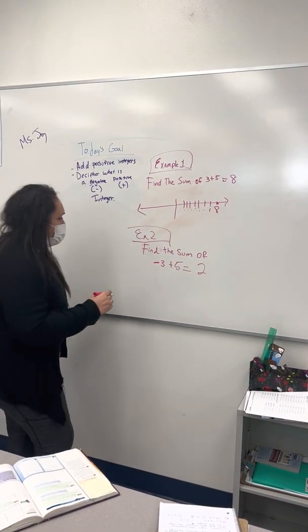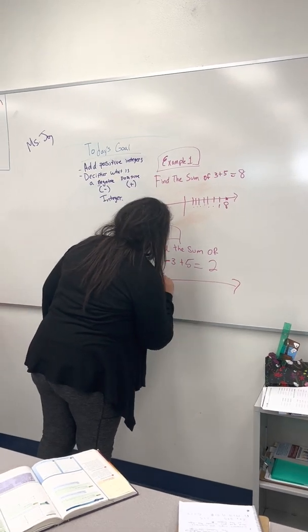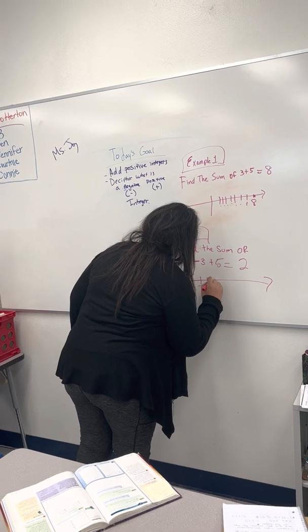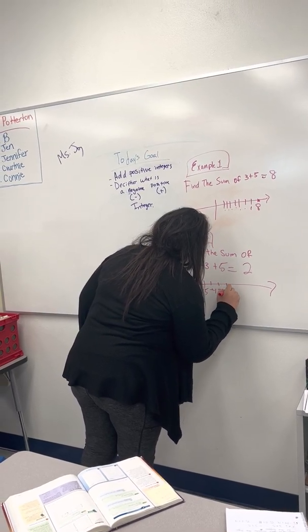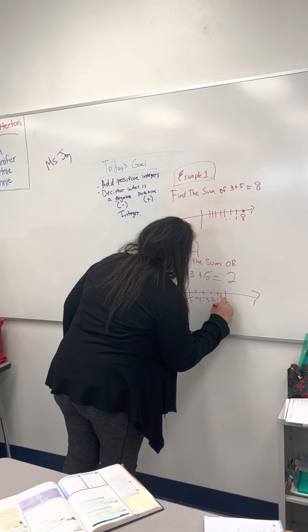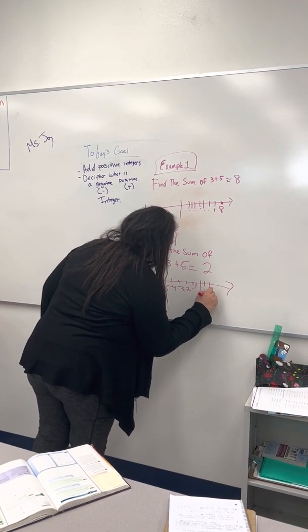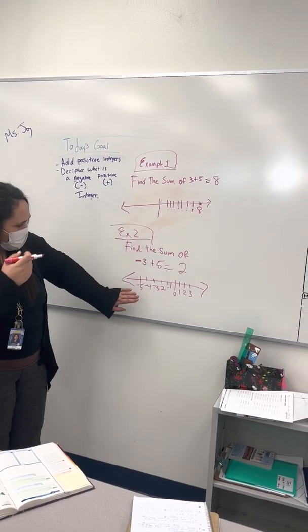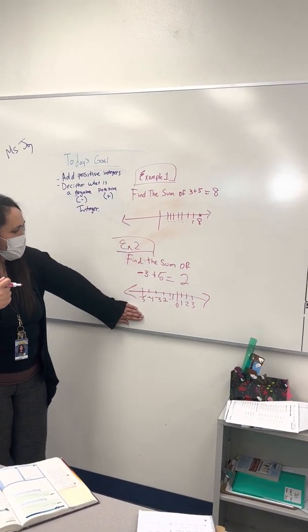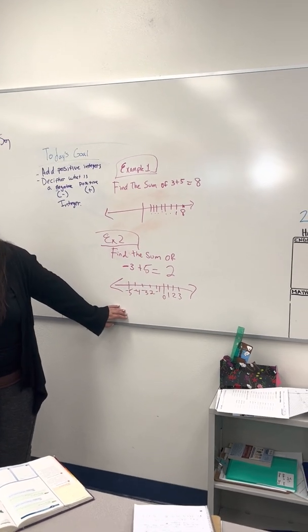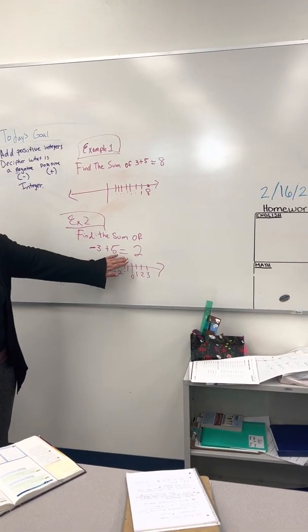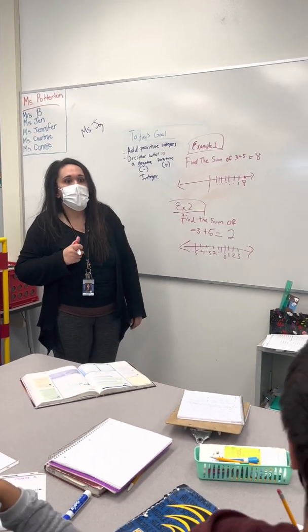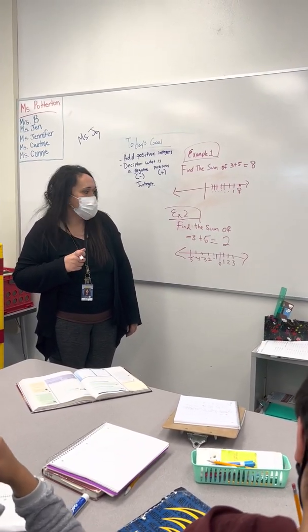So which way would I graph to, negative or positive? Someone guide me where I should graph to. Which side?